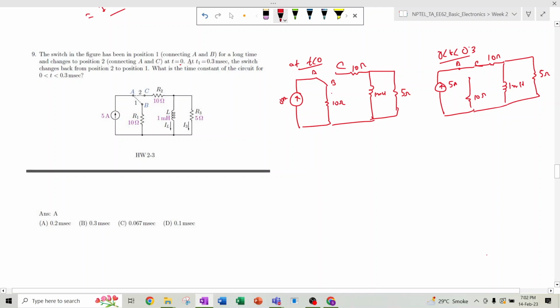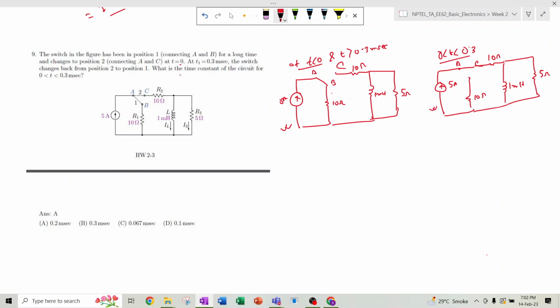But in the question it is given that for t greater than 0.3 millisecond, the switch again changes back from position 2 to position 1. That means at t less than 0 and t greater than 0.3 millisecond, the circuit is this, and for 0 to 0.3 millisecond, the given circuit is this.